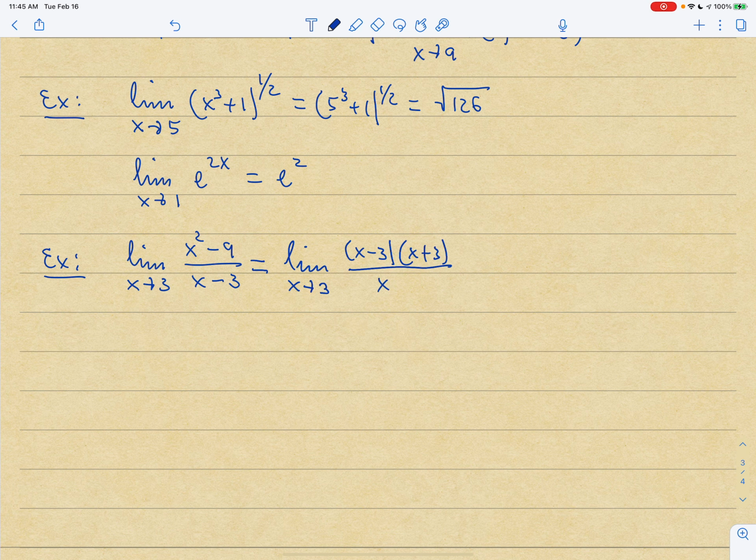And because x is not equal to 3, x minus 3 can be cancelled. So then the limit that we're computing must be the same as the limit when x goes to 3 of x plus 3. And x plus 3 now is a continuous function. So its limit is equal to 6.